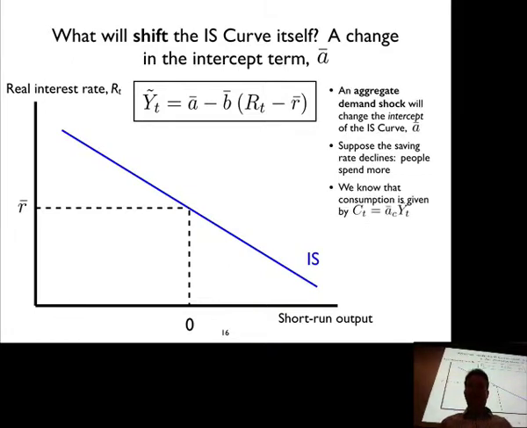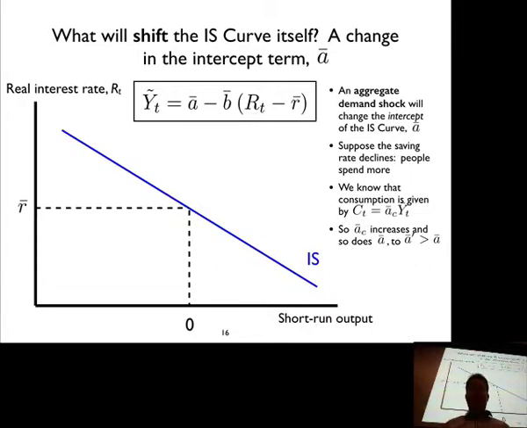So we know that consumption is given by this relationship, that consumption is usually a fixed share of potential GDP, and the way to model this then with the IS curve math is to suppose that a temporary reduction in the saving rate and an increase in the spending rate is a story about A bar C temporarily increasing.